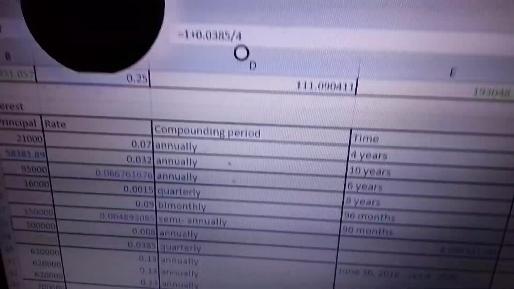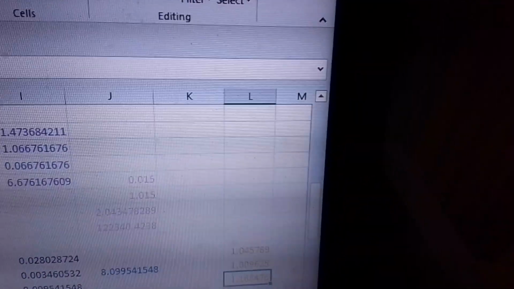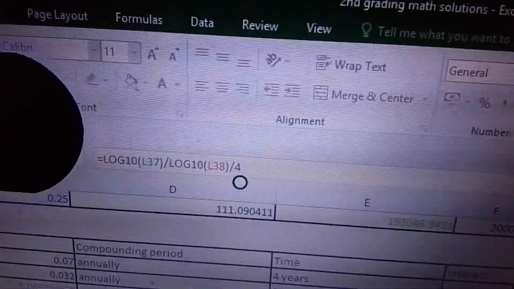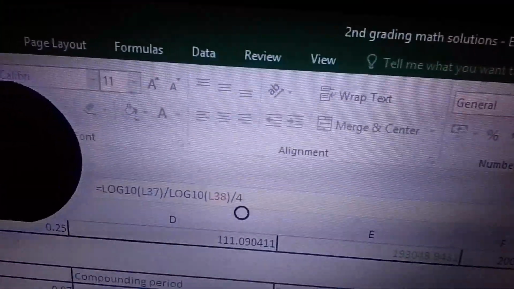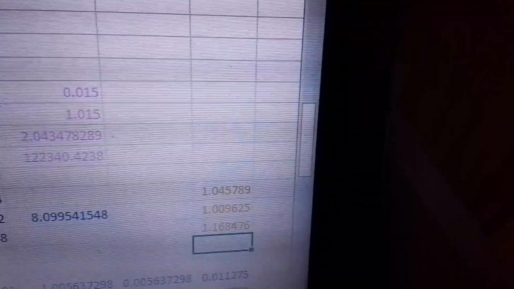Di ba? 1 plus this one, then divide by 4. And you're supposed to get this. Then this one, I just divide using the log base 10. So, log base 10 of L37, which is this one, divide by log base 10 of 38, which is this one. And then further dividing it by 4, so that I can get 1.16.